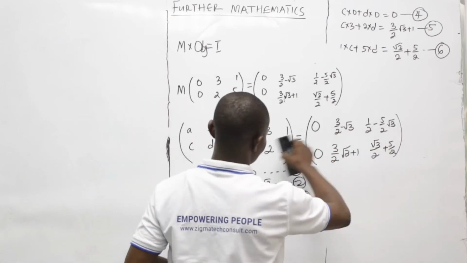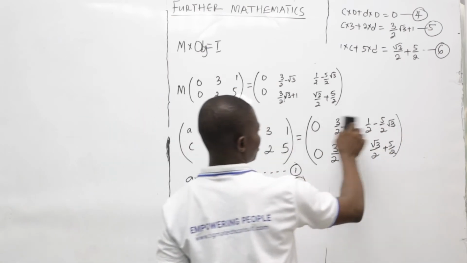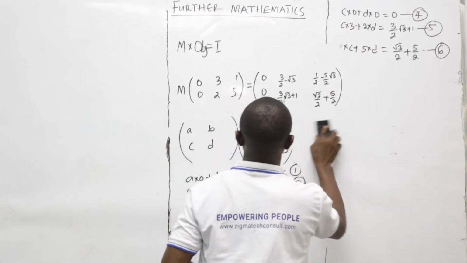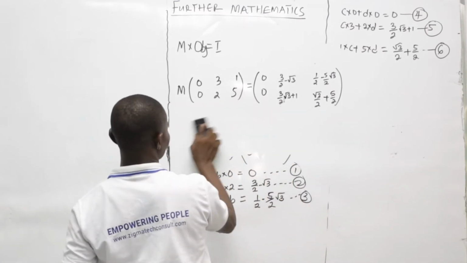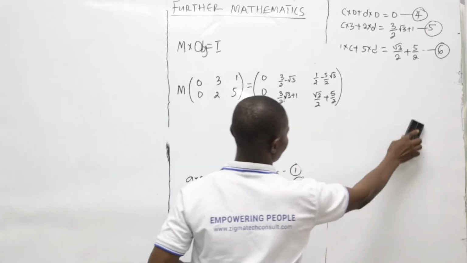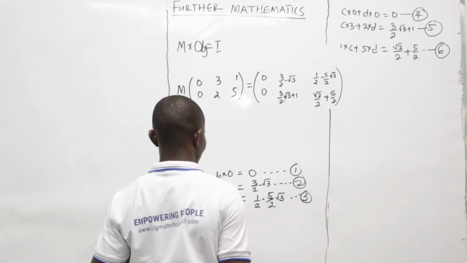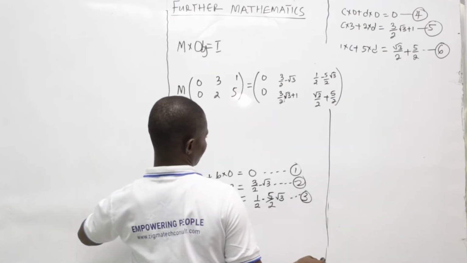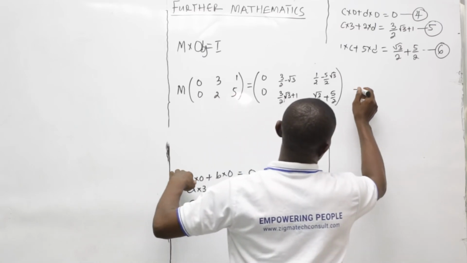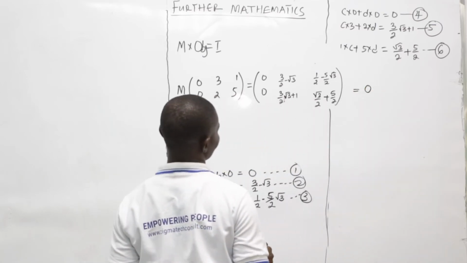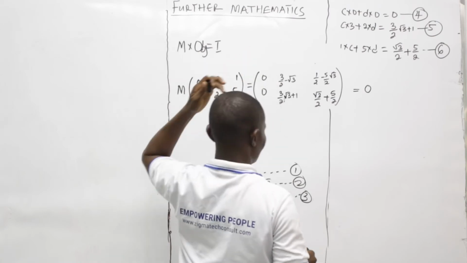Now, having seen this, I want to wipe it so that we can have space for our work. Looking at our equation 1, everything for equation 1 is what? 0, which is the first position.